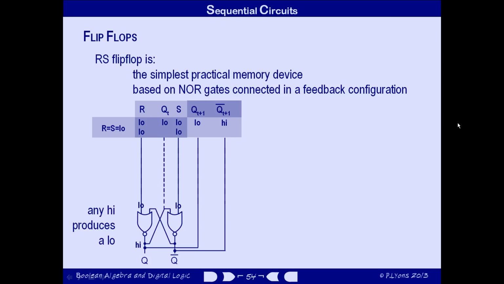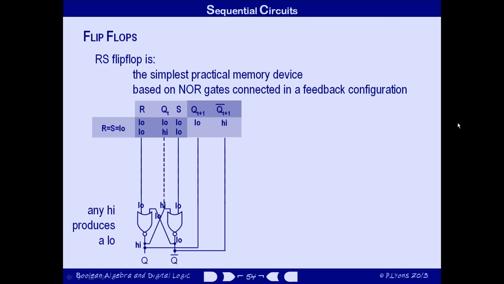R and S are both still low, but this time we look at how the circuit will behave if the output from the left-hand NOR gate is a high voltage. Let's put that into the transition table. So now the right-hand NOR gate has one high and one low input. Remembering that any high produces a low, we can see that the output from that gate will be a low voltage.